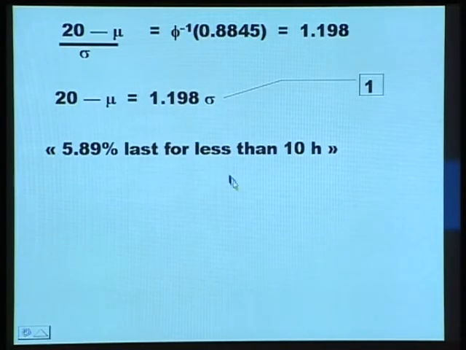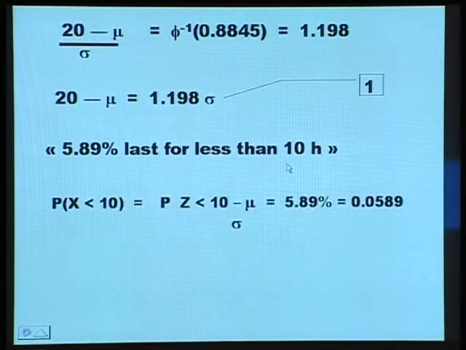The second statement in the question was 5.89% of the batteries last for less than 10 hours. What does this mean? This means that 5.89% of the batteries had a lifetime less than 10 hours. So the probability X less than 10 is 5.89%.